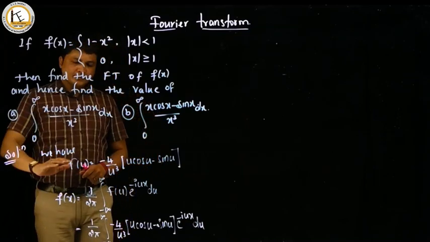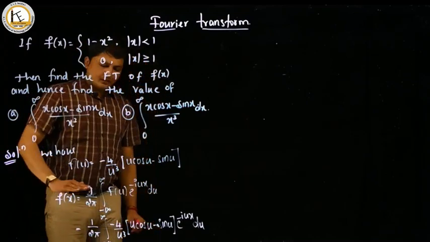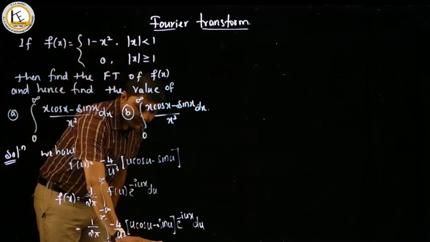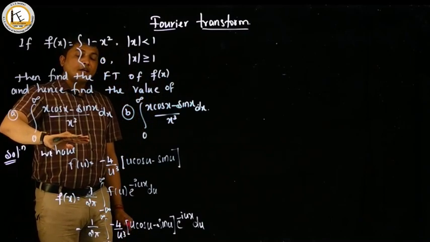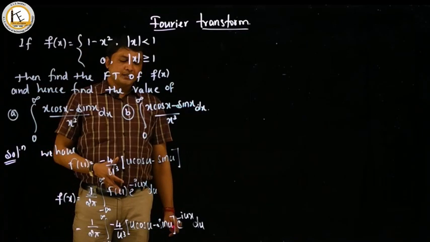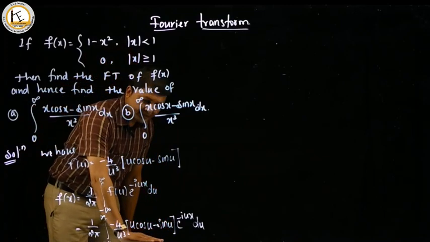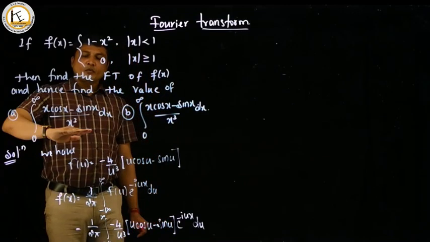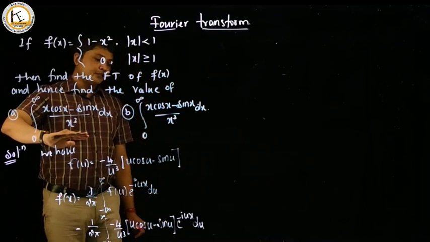So our intention is to get the value of this integral. But first our work is to reduce this integral into this form. Actually what we do here is, we are not going to evaluate the integral, but just simplify it in such a way that we can bring this integral into this form.